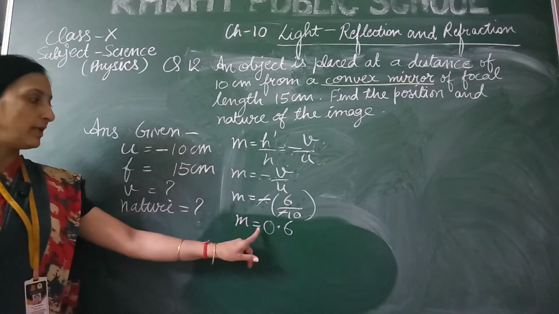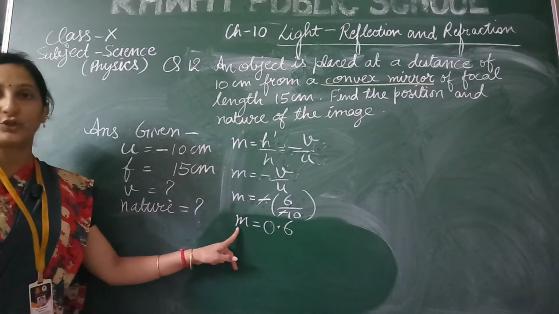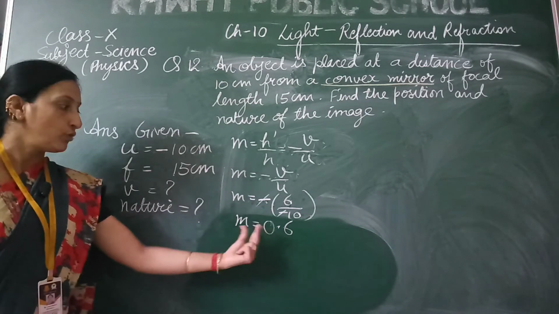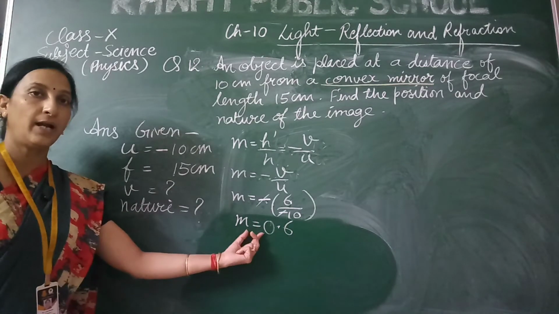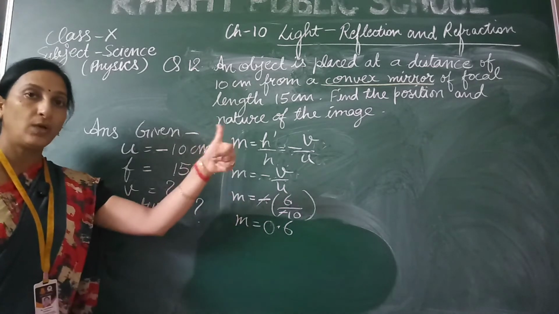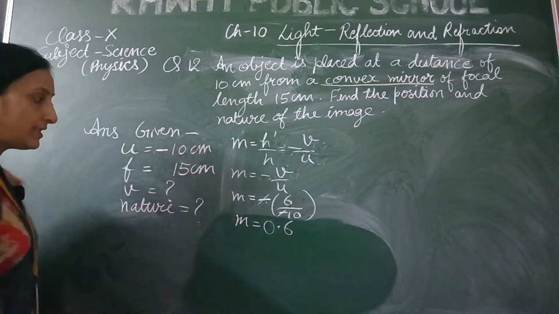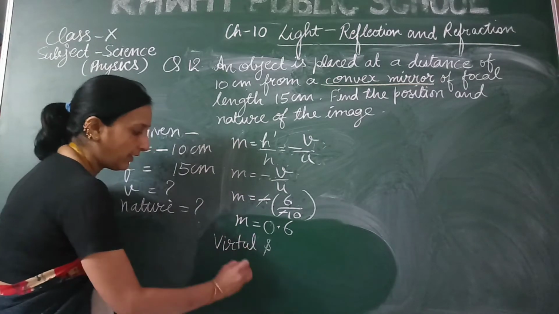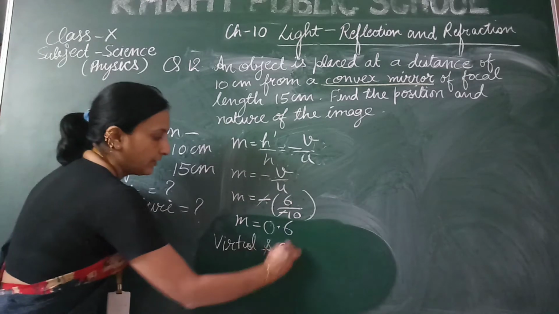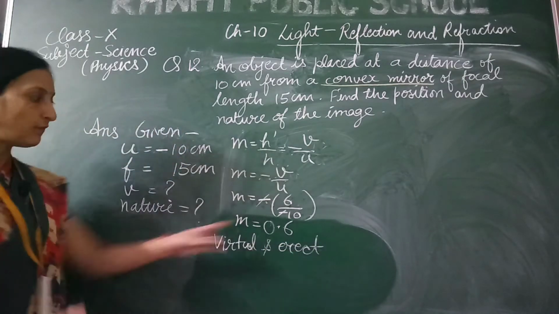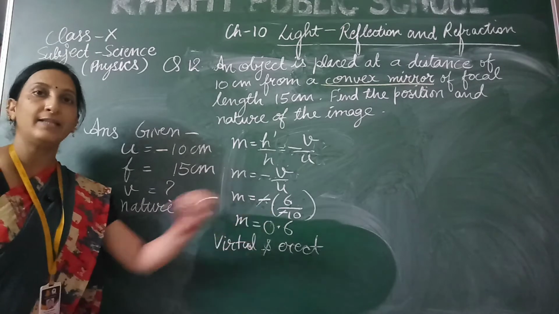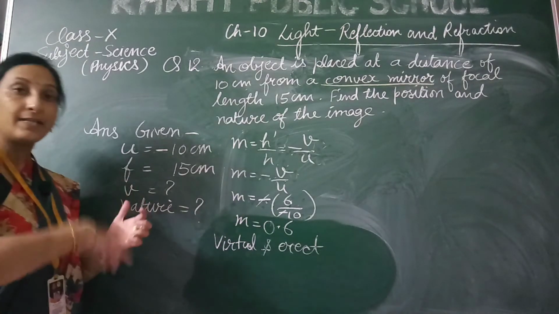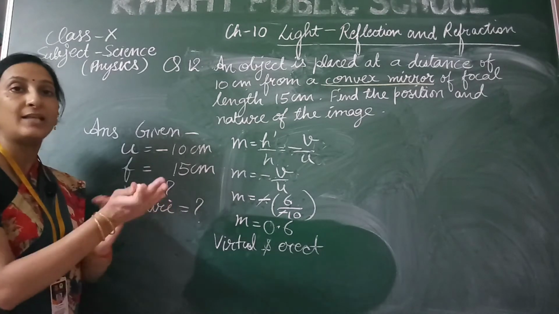So you can see there is a positive sign in magnification and the value is less than 1. So the positive sign shows that the image is virtual and erect. So we can say the image is virtual and erect, and the value is 0.6, means less than 1, means the image size is lesser than the object.